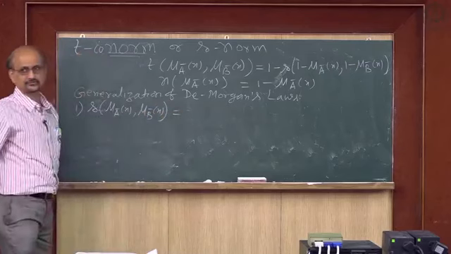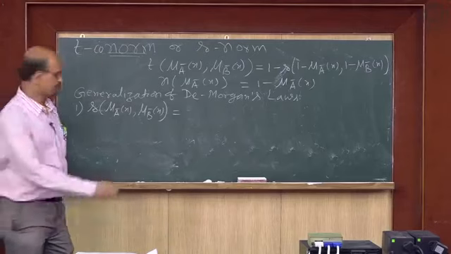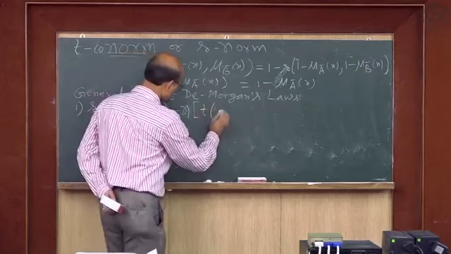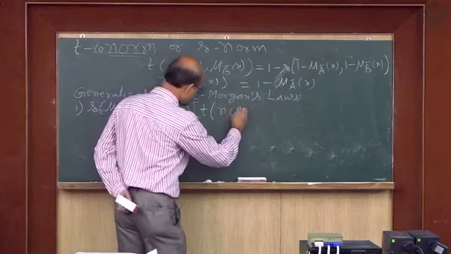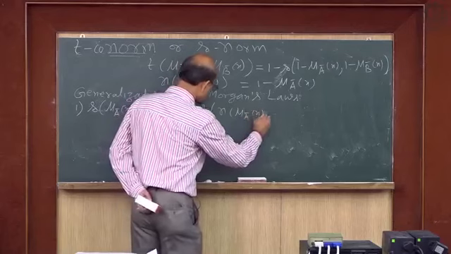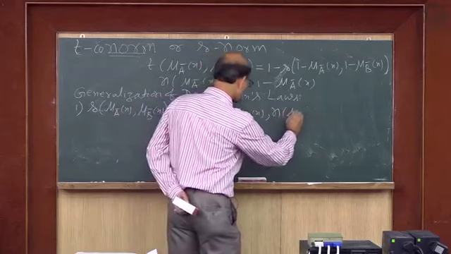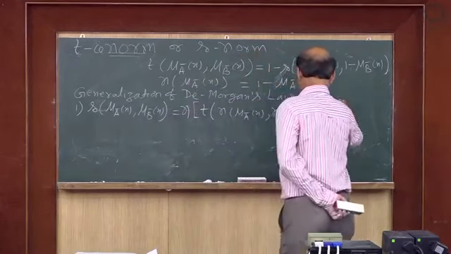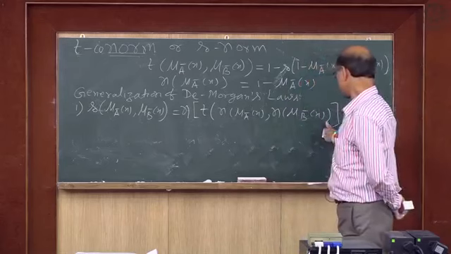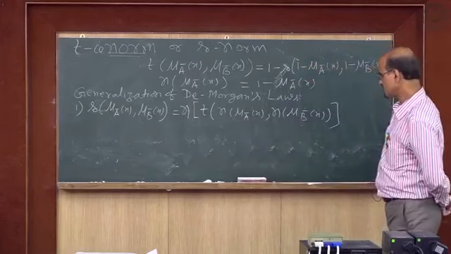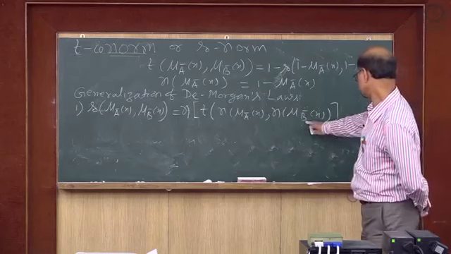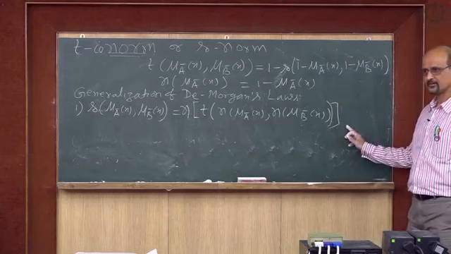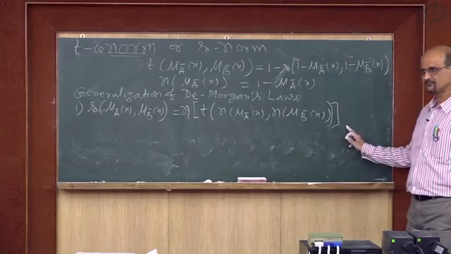This I can write in terms of t, n t of n of mu a bar x, n of mu b bar x, okay, one bracket more, okay, this is okay.